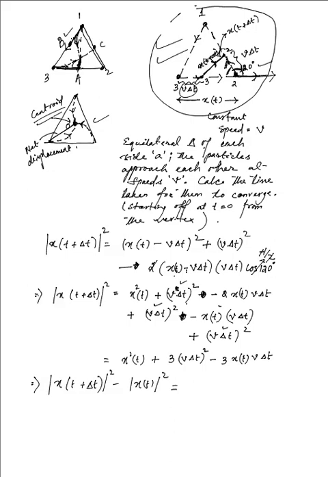We are left with 3 v squared can be taken alone, Δt squared, one of the Δt stays here, minus x(t) is staying, v stays, and Δt, one of the Δt's can be taken as common. I'll tell you why.